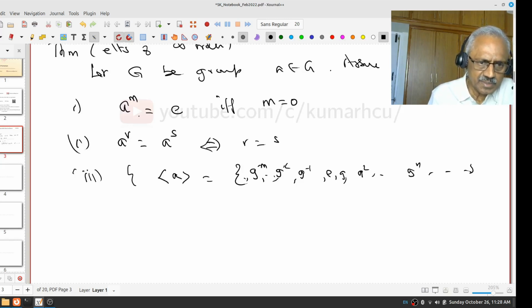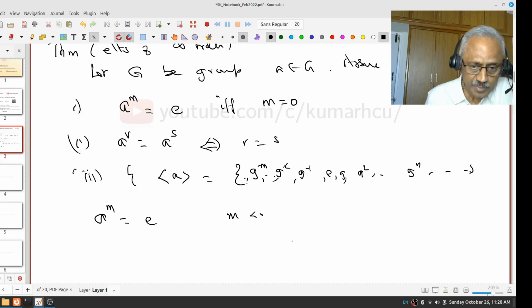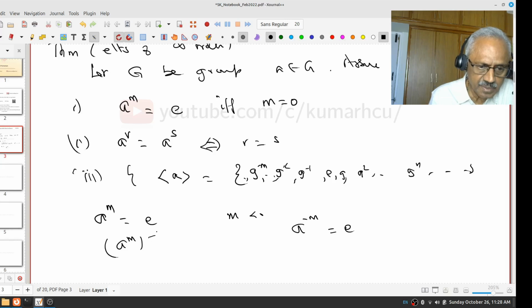Because if m is 0, of course by definition a to the power 0 is identity, and if a to the power m is e, notice that m may be negative, right? That would mean a to the power minus m is also identity, because the inverse of a to the power m is a to the power minus m, and this is identity, therefore that is identity.